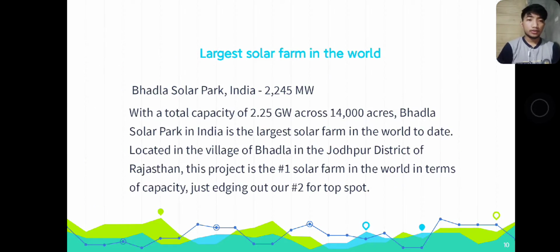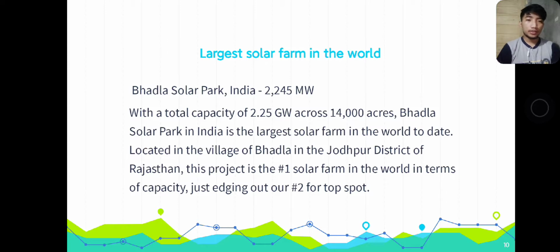So, the largest solar farm in the world is located in India with a total capacity of 2.25 gigawatts across 14,000 acres or approximately 5,700 hectares. Bhadla Solar Park in India is the largest solar farm in the world to date as of 2021.